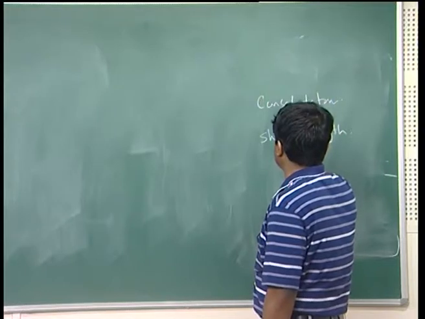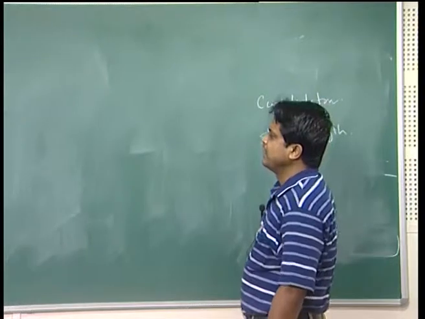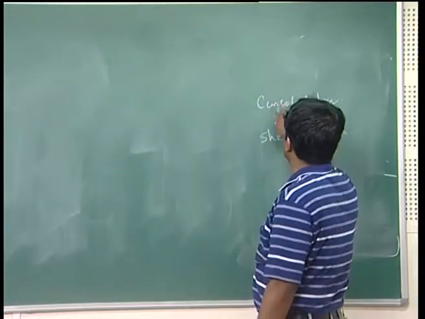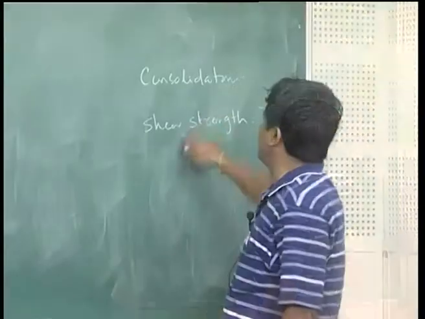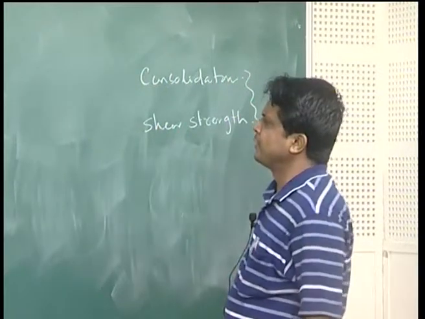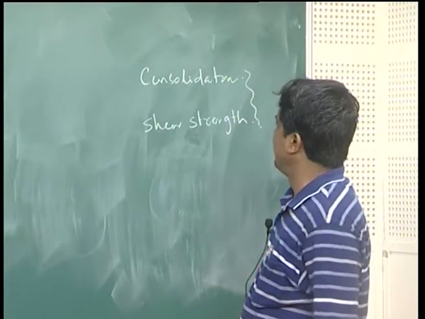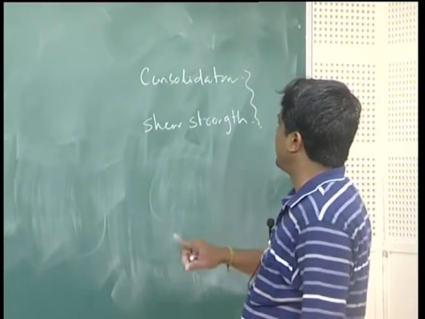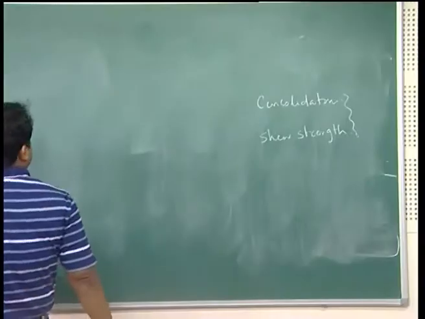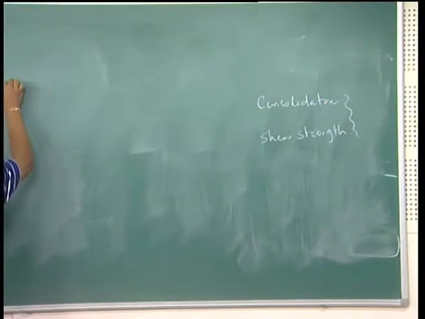In shear strength, we discussed UU, CU, CD in triaxial as well as direct shear test, as well as unconfined compression test. These are the two particular tests, consolidation and shear strength. These are required to simulate your field conditions, meaning once you bring the soil sample from the field, how and how far you are going to simulate it in the lab, so that you will get the required design parameters.